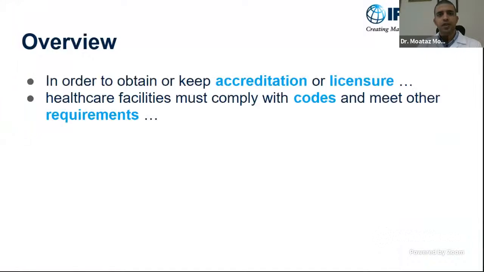I'll start firstly with an overview. So it's quite clear to you now that in order to obtain or keep your accreditation or licensing status, healthcare facilities must comply with lots of codes and meet other requirements.